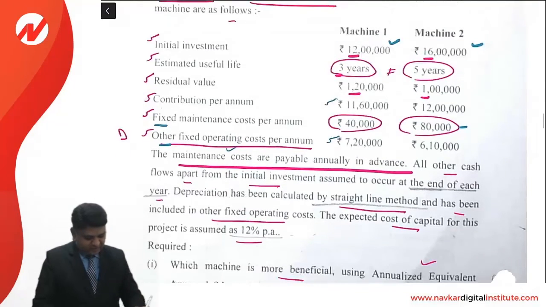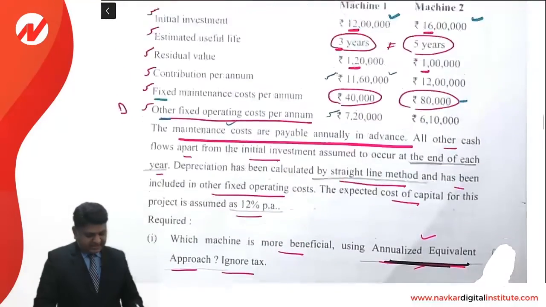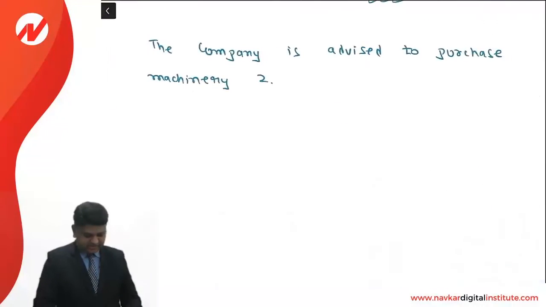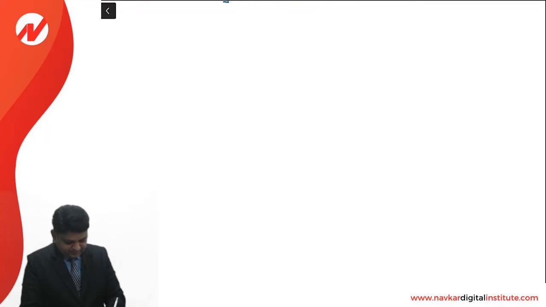As far as the annual contribution is concerned, it is an amount of 11,60,000 and the time period is 3 years. So let us make the calculation of the answer like this. I request all of you to write an answer along with me. Answer for the second part of the question.